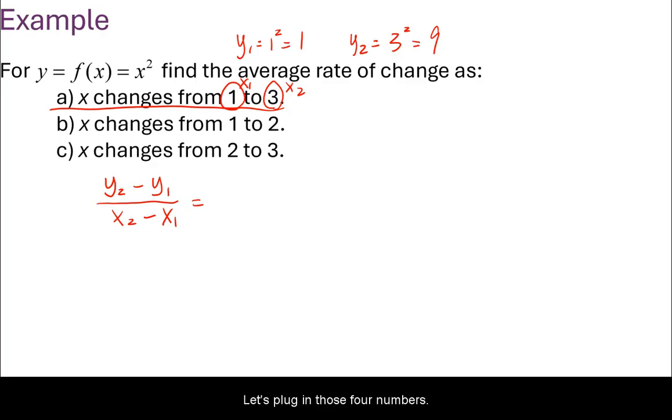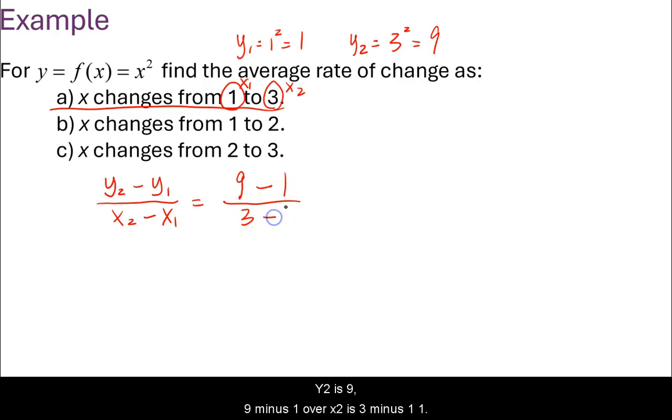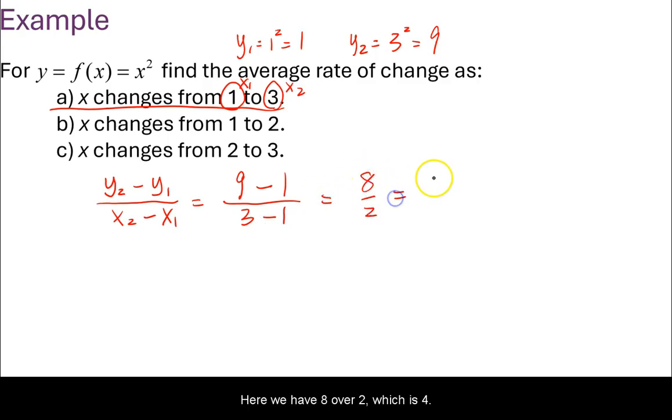Let's plug in those 4 numbers. Y2 is 9. 9 minus 1 over x2, which is 3 minus 1. Here we have 8 over 2, which is 4. So the average rate of change from 1 to 3 is 4.